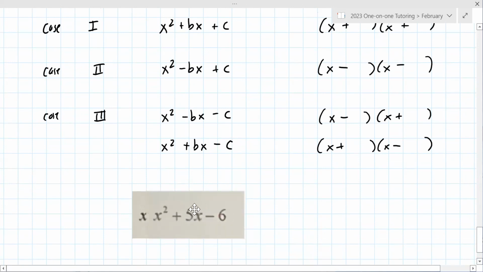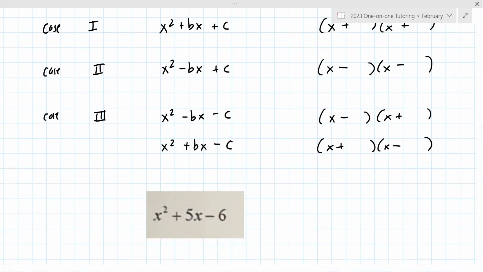Okay. So which of the cases is this one? Case 4. Right. And that means that you've got one positive and one negative. The order doesn't matter. Two numbers that multiply to -6 but add to +5.